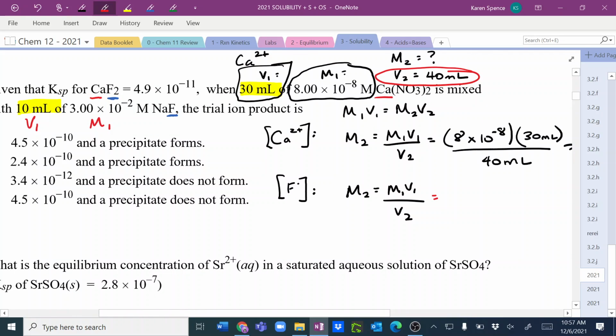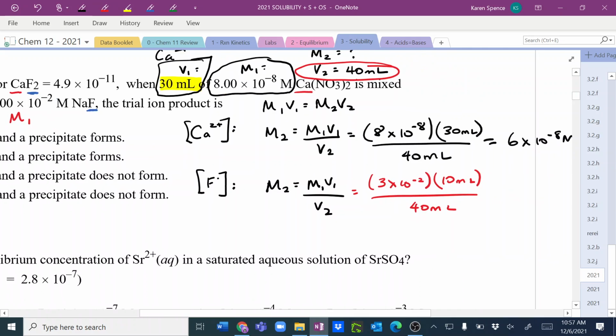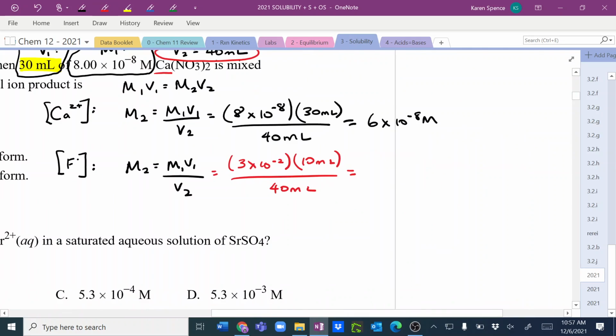So we get M1, 3 times 10 to the negative 2 times 10 mils over 40 mils is equal to 7.5 times 10 to the negative 3 molar.